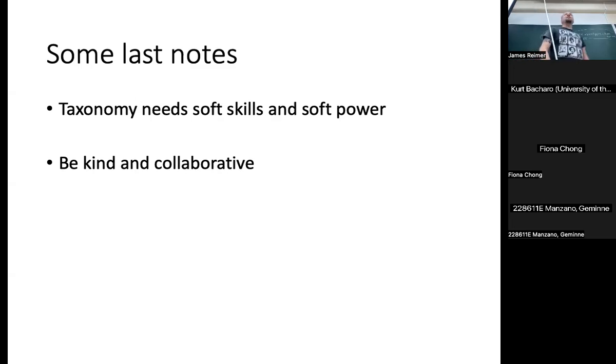Statistically speaking, you should give people a chance and work with people. Especially with taxonomy, because there are so many undescribed species, so many taxonomic problems, none of us will ever run out of science. We will always have too much science to do.